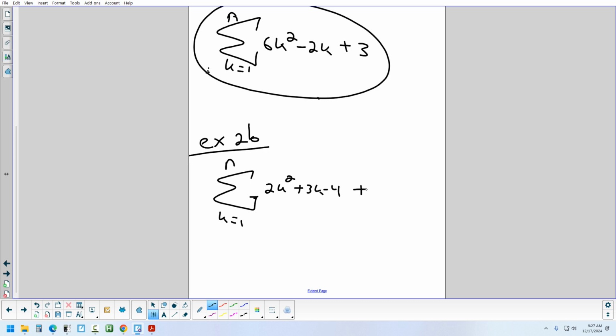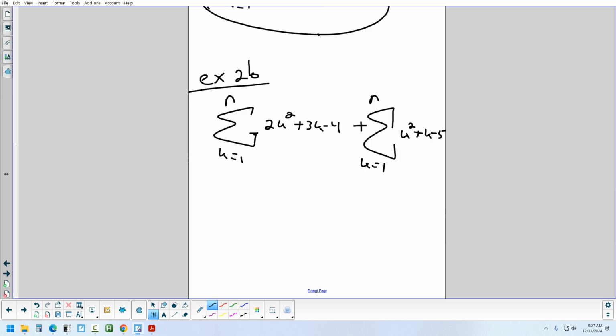And let's add that to k equals 1 to n of k squared plus k minus 5. Okay, when I combine those two together, what's going to be my start? 1.